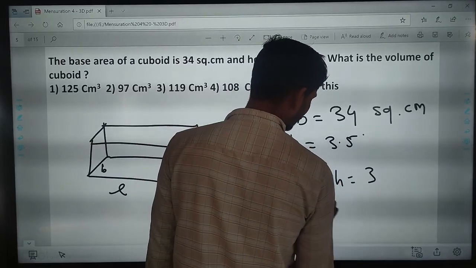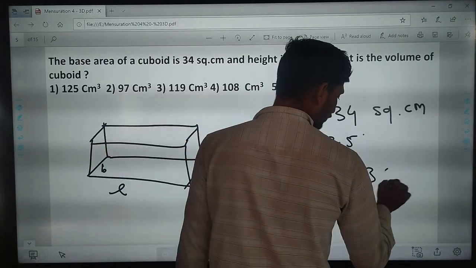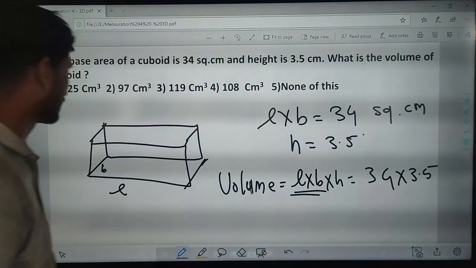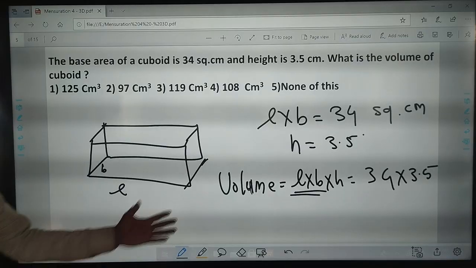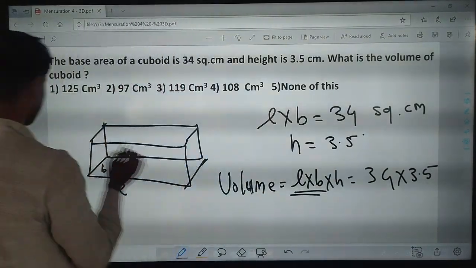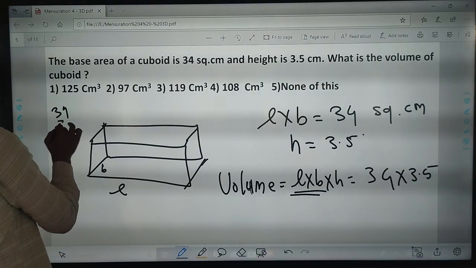That is, the value of L into B is 34, into 3.5. Now here we do the multiplication, 34 into 3.5.